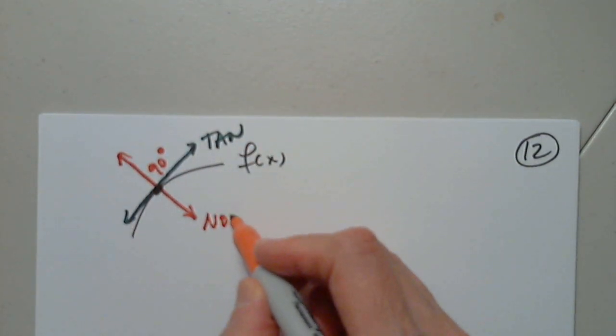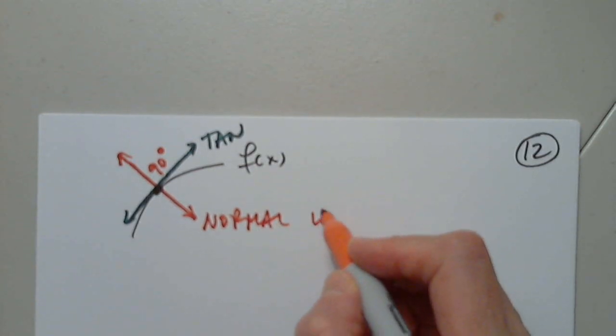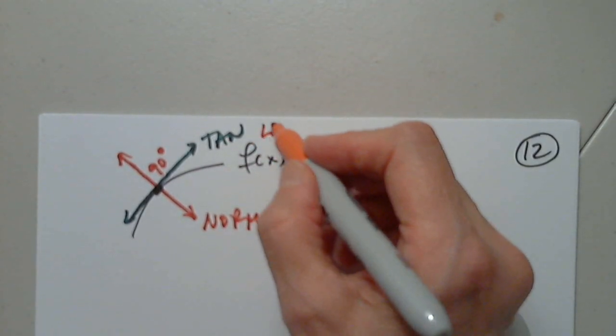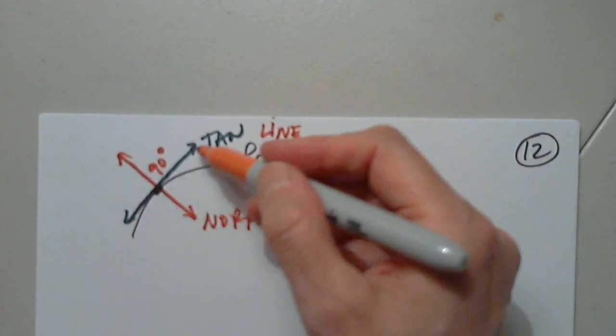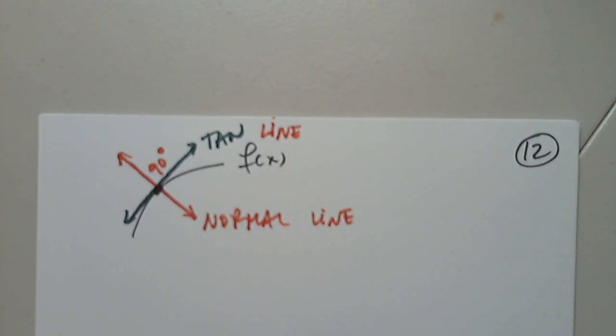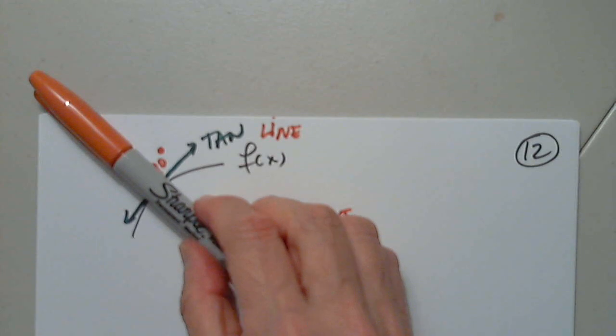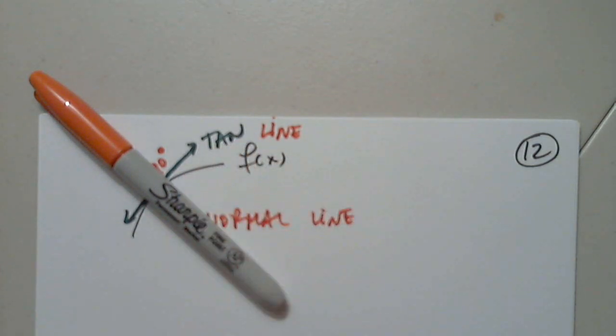So this is the normal line. This is the tangent line. The green one is the tangent, and the orange one is the normal line. It is the line that is perpendicular to the tangent line at that point.